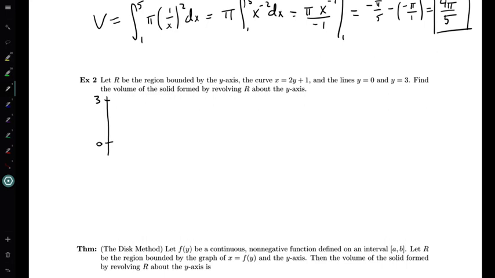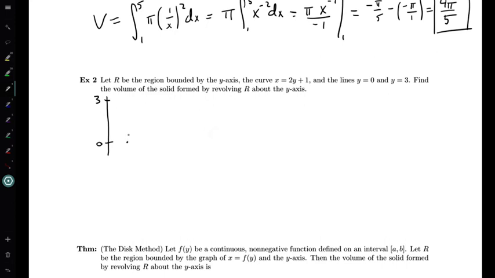And we also have the curve x equals 2y plus 1. So to form a curve like this, I'm going to maybe think about, well, what happens when y equals 0? When y equals 0, x is 1. So that curve is going to maybe pass through this point here. And as I increase y by 1, x increases by 2.